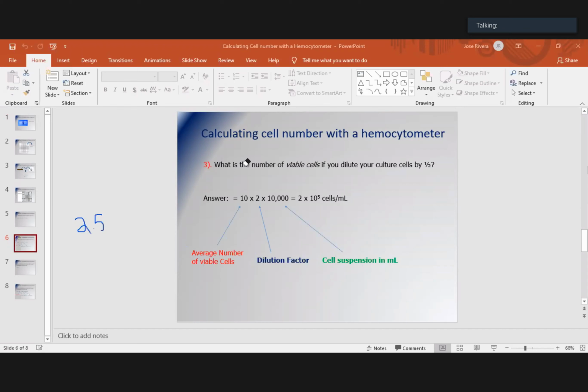What was it? 2.25. Yeah, 2.25. That doesn't mean that you have 2.5 cells instead of the 4 or 5 per ml. No, that's just the average. The average could be, depending on how accurate it is, anywhere from, let's say, 2 to 3. So it just tells you it's probably closer to 2. But yes, you can round up.